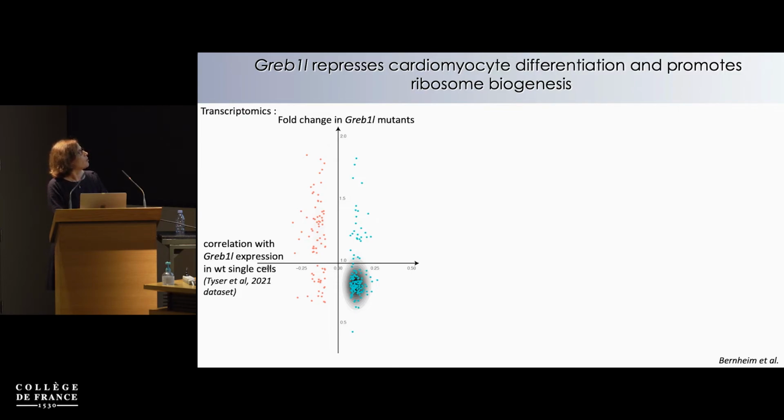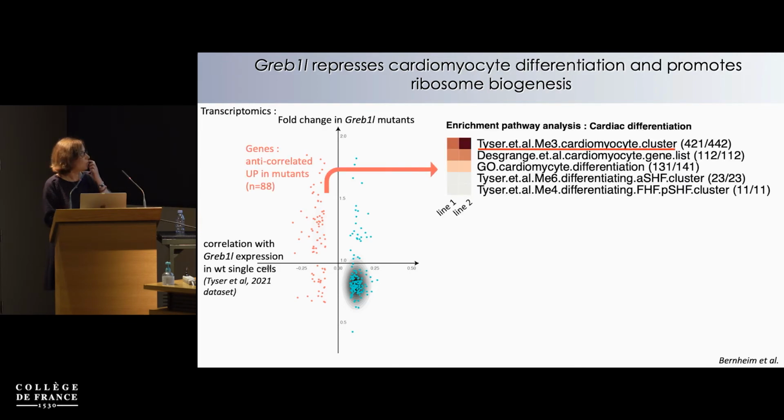And the other transcriptomic data set is the traditional comparison between controls and Grhl1 mutants. By doing this, we identified two sets of genes. Some genes are anti-correlated with Grhl1 in control cells and tend to be upregulated in the mutants, and these genes are mainly enriched in the gene list associated with cardiomyocyte differentiation.